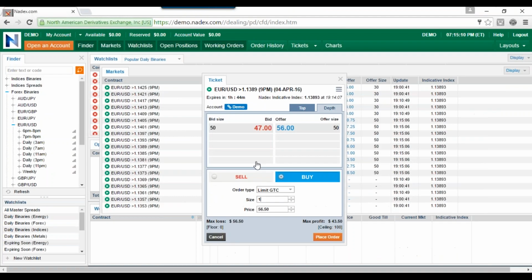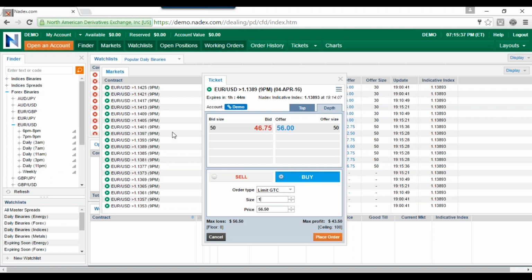But what is the downside to it? Just a few pips in one direction can be great, but just 1 pip. What happens if the market at 9 o'clock expires at 1388.9? Just 1/10 of 1 pip against you. Well, then at expiration, this binary is worth 0, right?